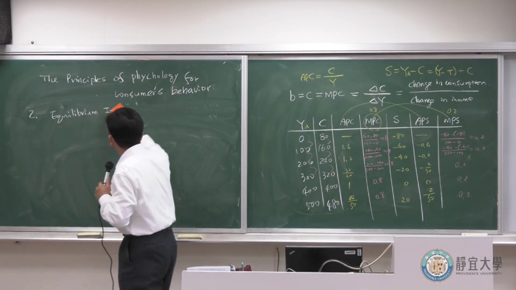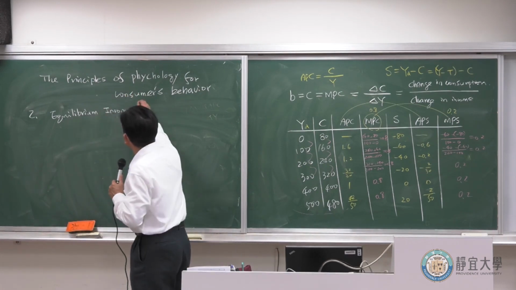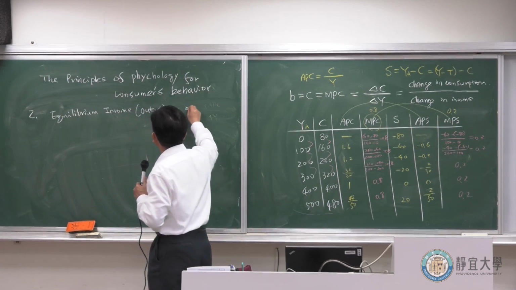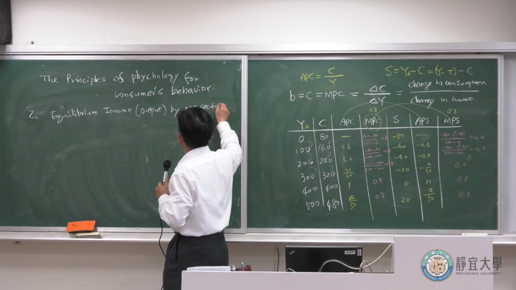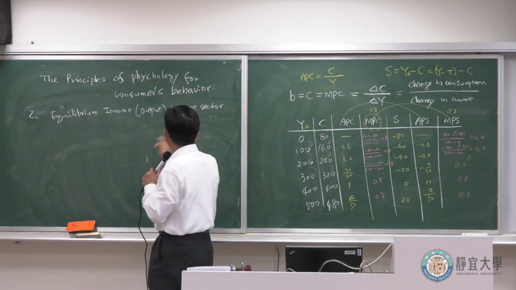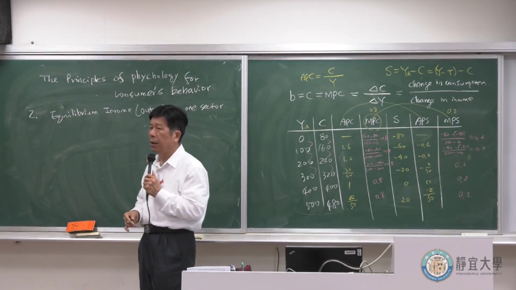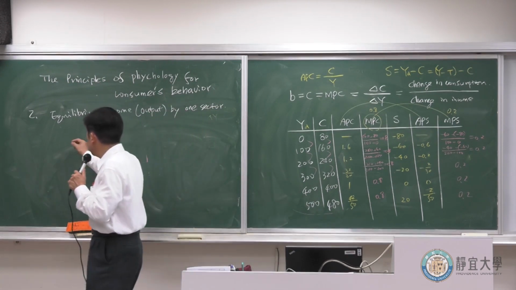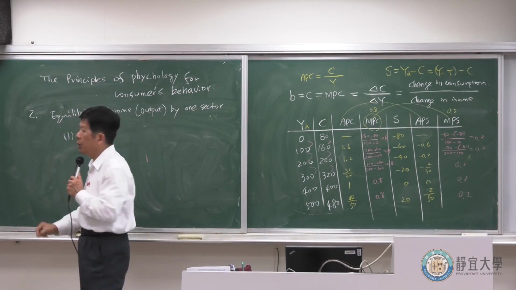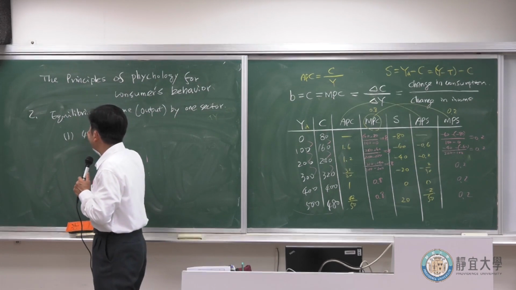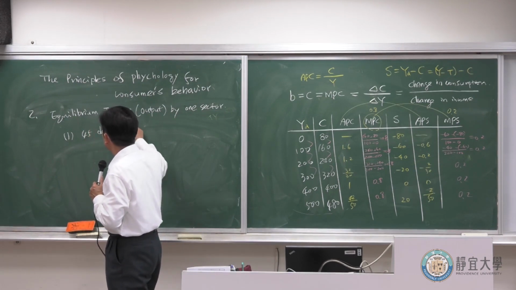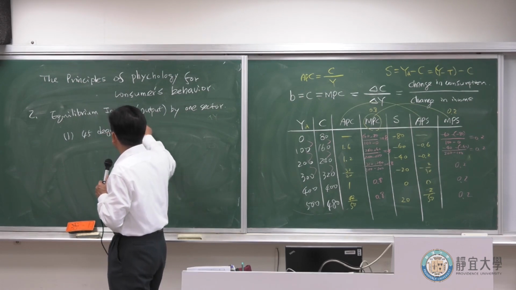You also can write down, this is the output by one sector. The one sector means only have the household, so you can check. The two choices: one is the 45 degree line analysis.